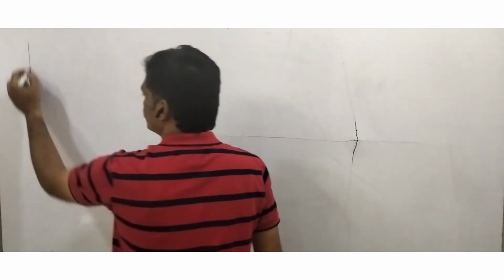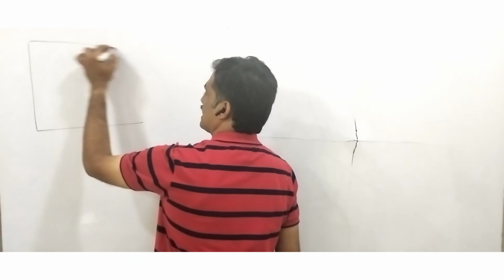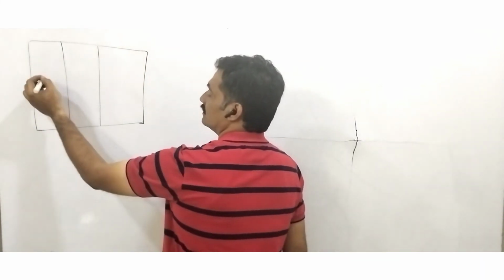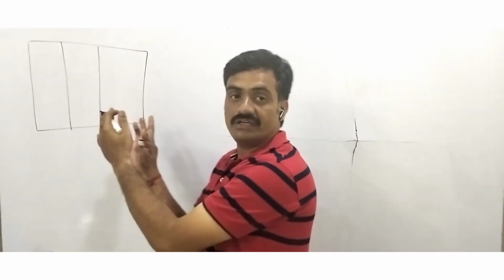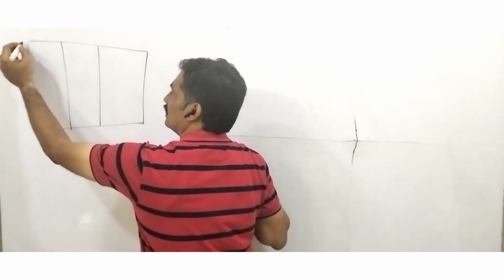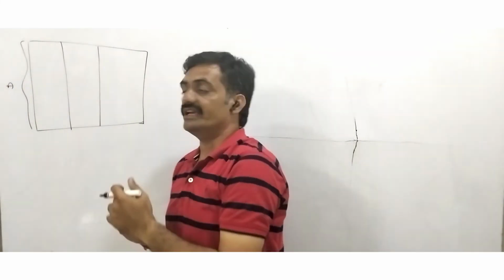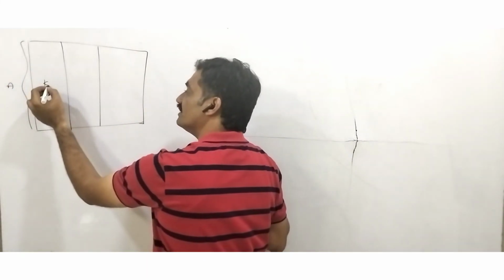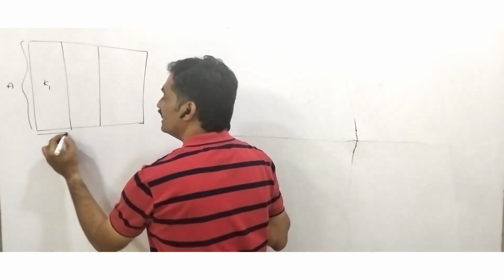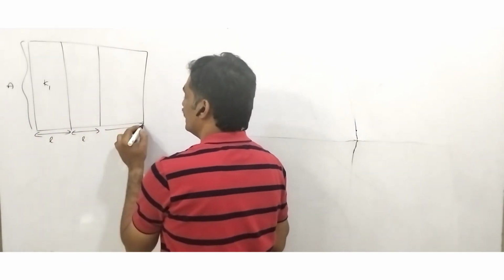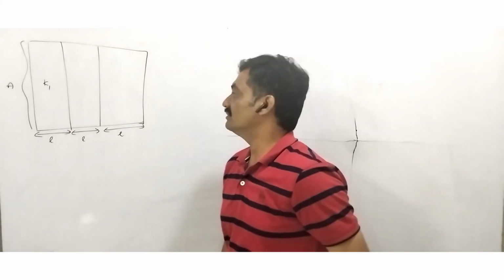Okay, let us consider three different areas. The area of each part is A, whereas the thermal conductivity of this part is K1 and the length of this part is L, and here the length is also the same.